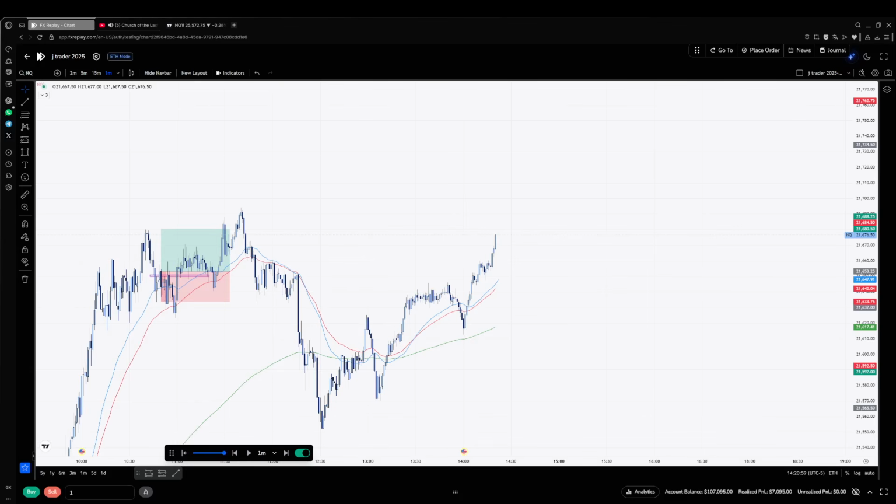So write the rules down of this model and give it 90 days of pure discipline, doing the playbook I just told you, and taking your trades.